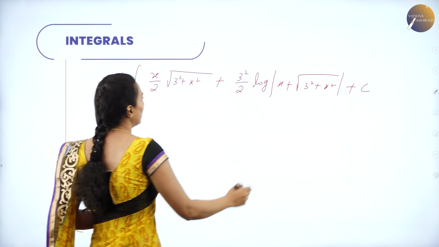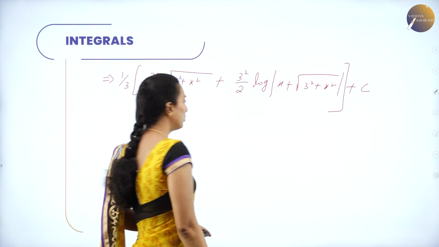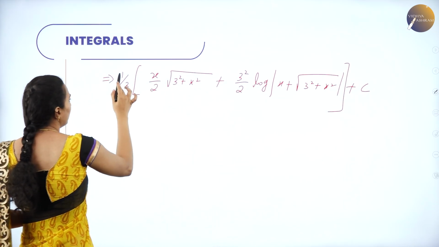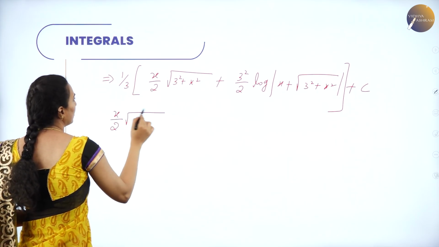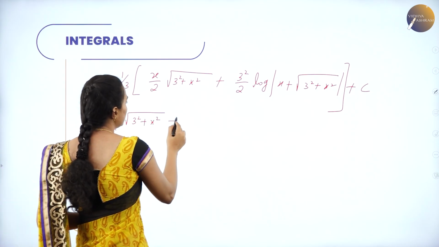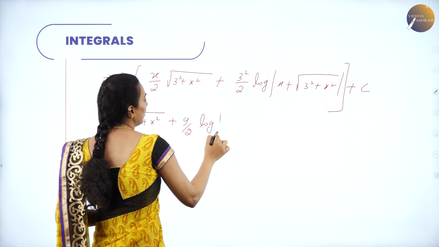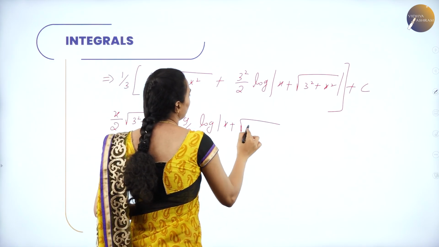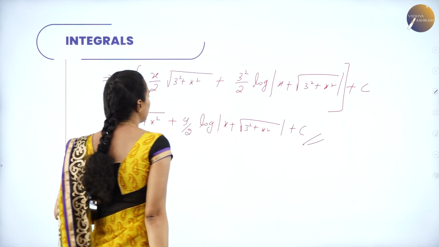Now here you can close the bracket. 1 by 3 into x by 2 is x divided by 6 under the root of 3 squared plus x squared, plus 3 squared by 2, which is 9 by 2, into log of modulus of x plus under the root 3 squared plus x squared, plus c. And this is your final answer.